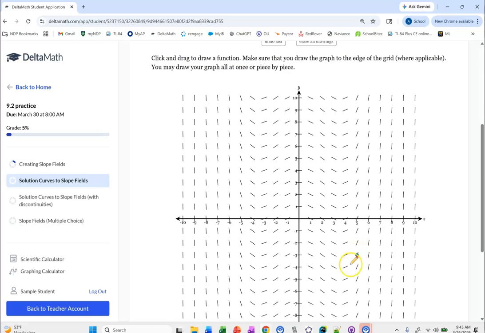And now we're just going to be sketching in the solution to this. So I'm just going to use the slope field as my guide. So here it looks like I get vertical pretty quick, right? Pretty steep. And then here I'm going to be following until I get like, ooh, pretty steep. Oh boy.